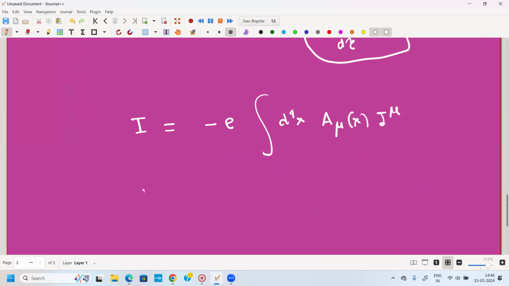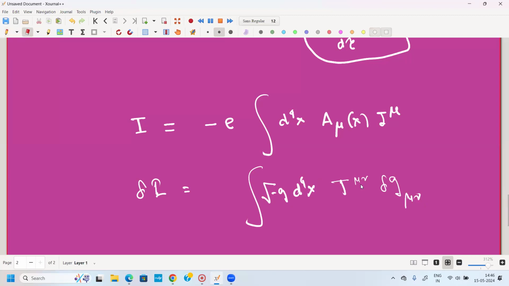So in the case of gravitational theory, it is just minus root g d4x, T mu nu, variation of g mu nu. Now one can immediately observe that g mu nu plays the role of A mu, something like that.